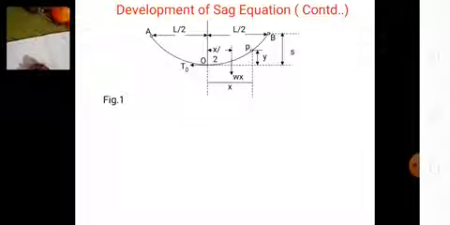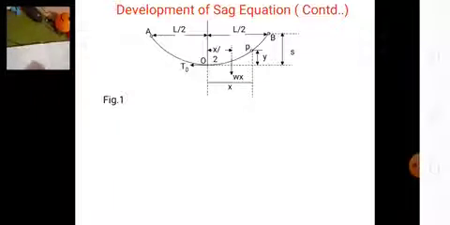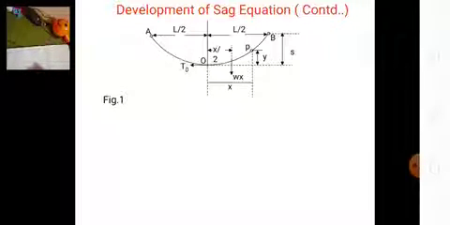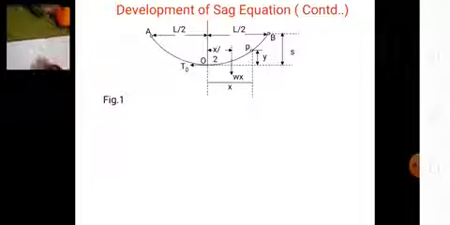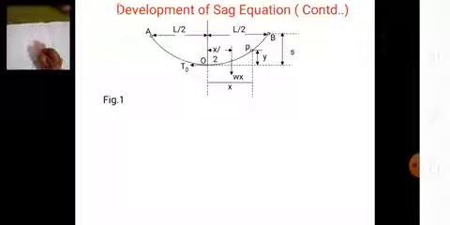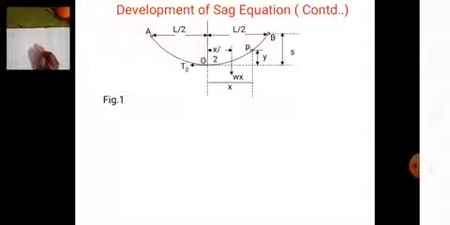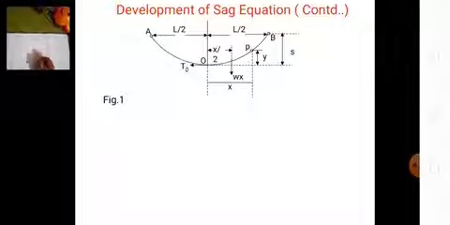Here we have two supports, and in between there is a sag with the lowest point O. The length of the conductor is L, and each half is L by 2. Here the curvature OH is almost horizontal.